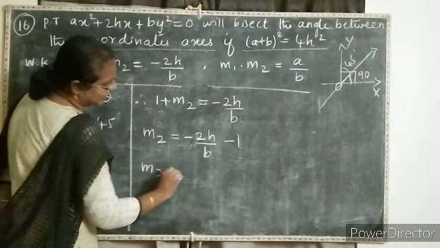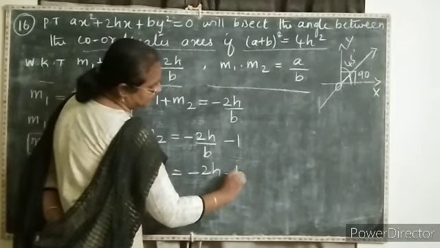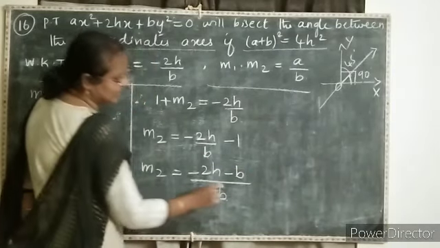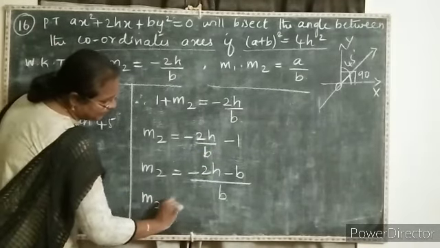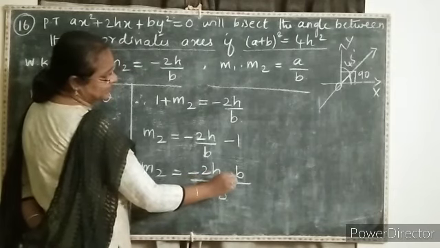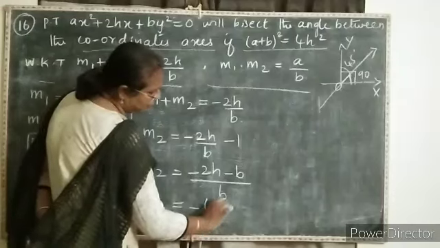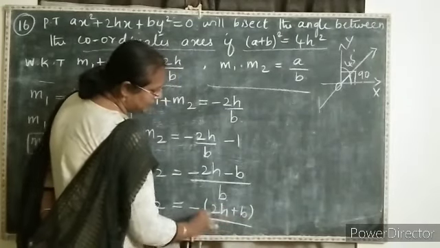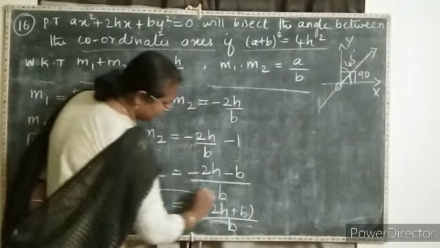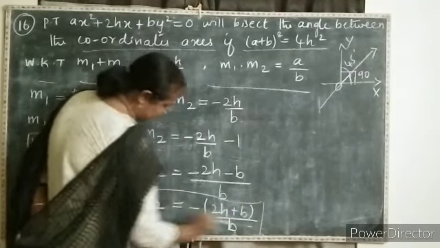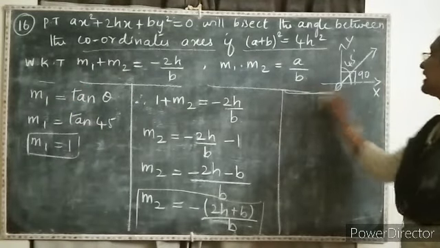So m2 will be equal to minus 2h, and if you take b to that side, minus b, the whole divided by b. That is, we are taking the LCM and simplifying. So you will get m2 equal to minus 2h minus b, divided by b, or you can take minus common: minus (2h plus b) the whole divided by b. So this is the value of m2. Now shall we substitute in the next condition?